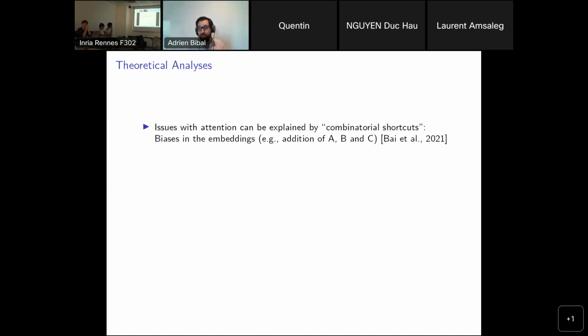These issues are explained by something called combinatorial shortcuts, and in their paper, Bai et al. show that if you add tokens in all documents, here in particular in natural language processing, if you add the tokens A, B, and C, for instance, in all documents, you can see that some attention is put on A, B, and C, even if they are present in all documents.